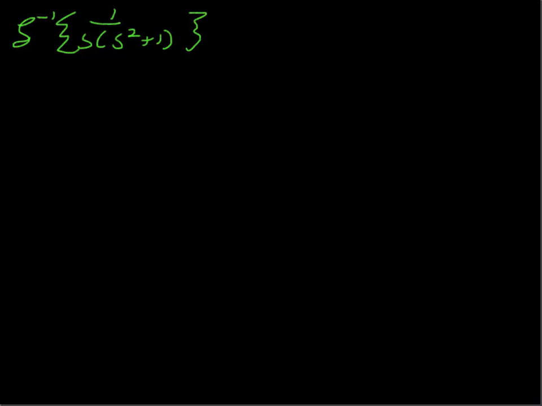Okay, finally number 34 from section 7.4. They want you to figure out this inverse Laplace using a convolution. So this, of course, means that we're looking for a product here. So we can do inverse Laplace and just make it into a convolution and then make it into that integral.